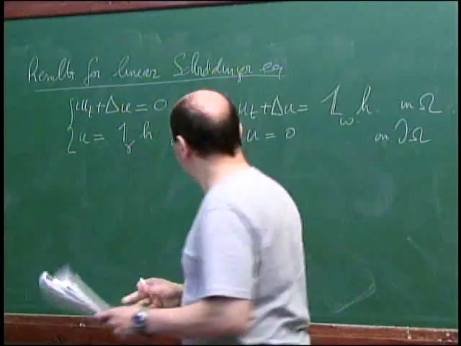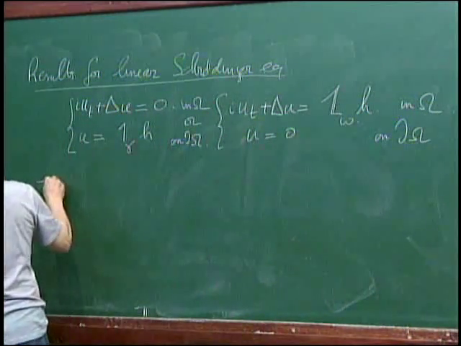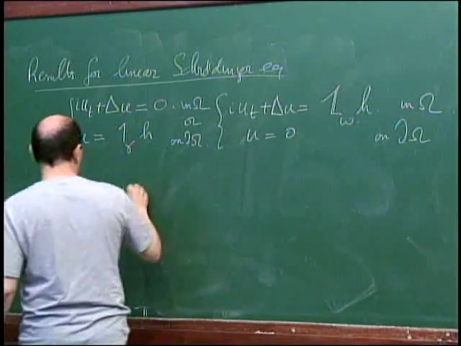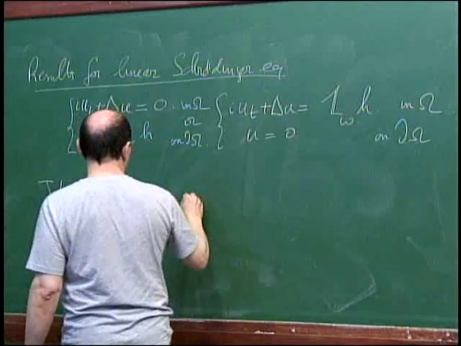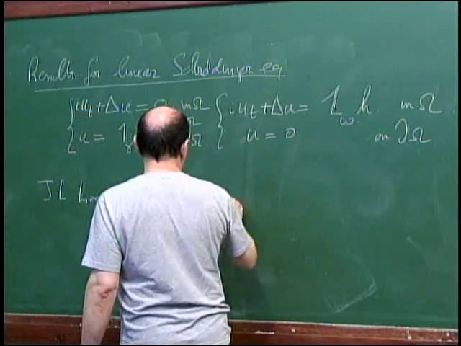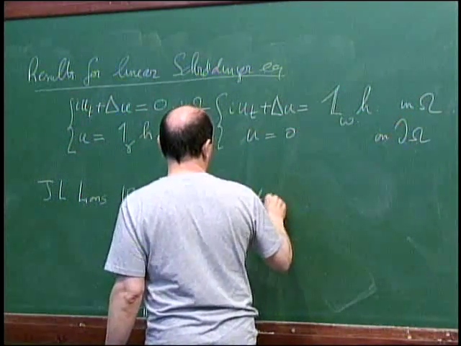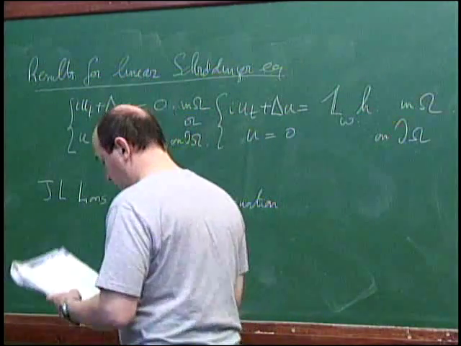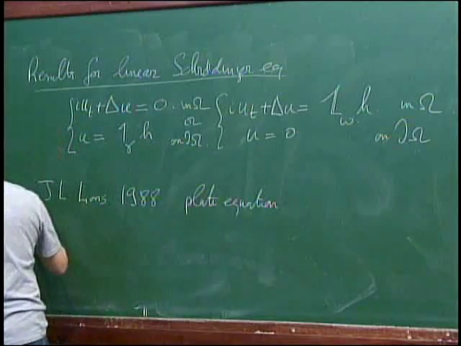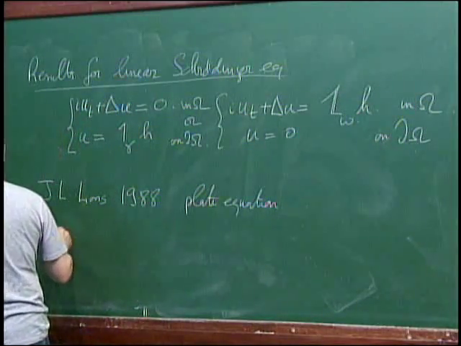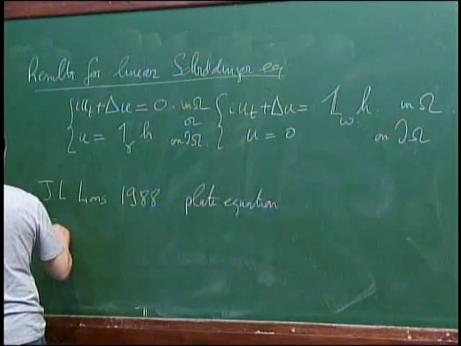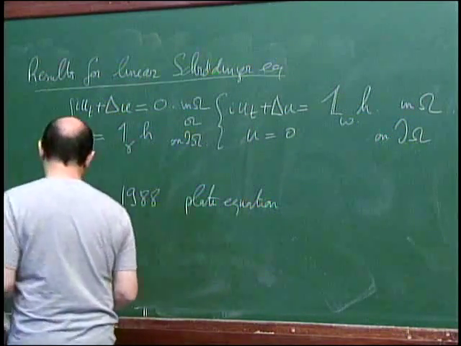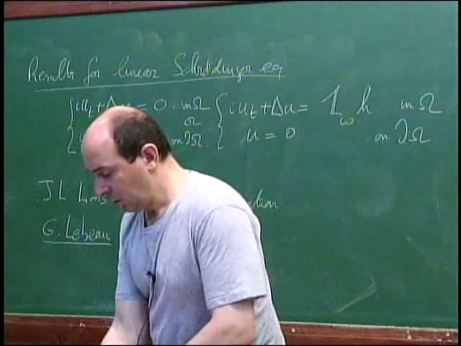Okay, so the first contribution is due to Jacques-Louis Lions, and actually it was for the plate equation. So he obtained some control result for that with some boundary control. After that you have a result by Gilles Lebeau, and this result actually is one of the best to date.